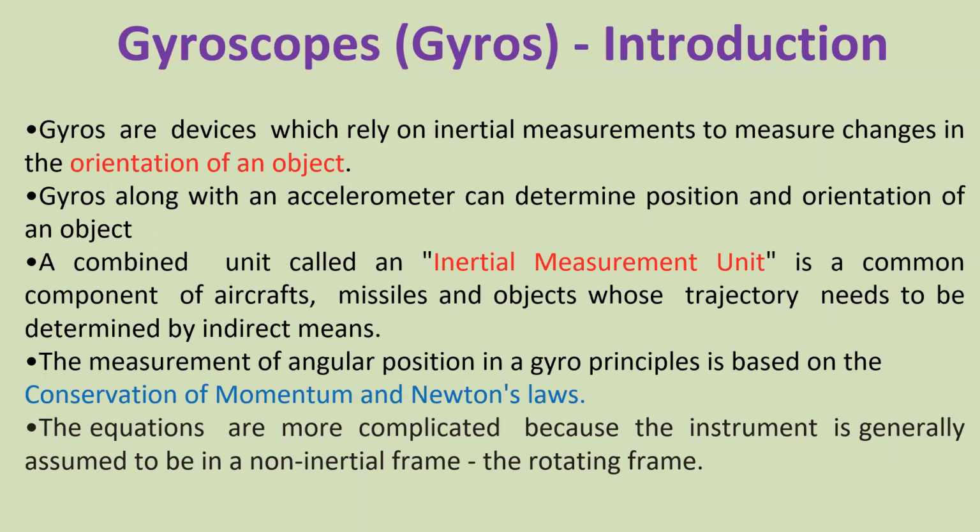Trajectory means the moving path of an object. In those cases, the gyroscope, or the transducer which measures the orientation of an object, is not used alone. It is usually employed along with an accelerometer.